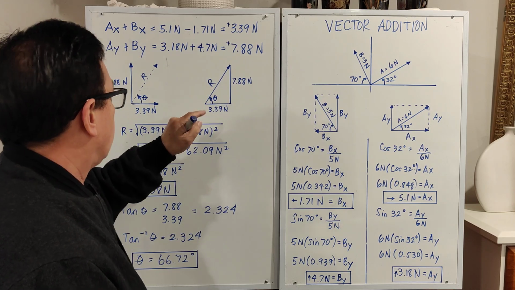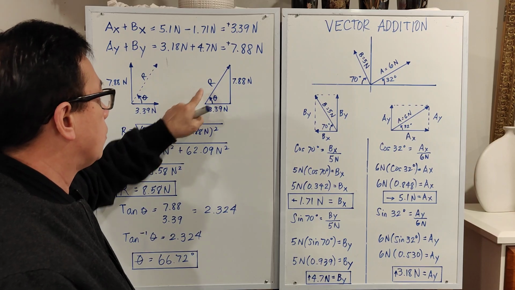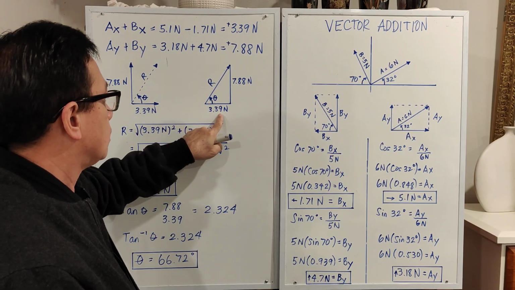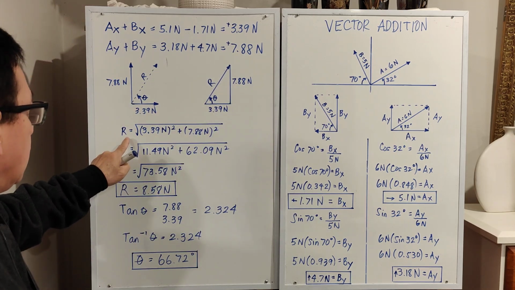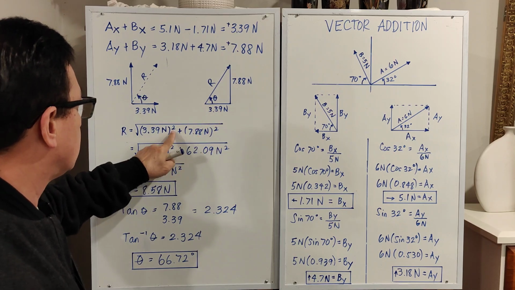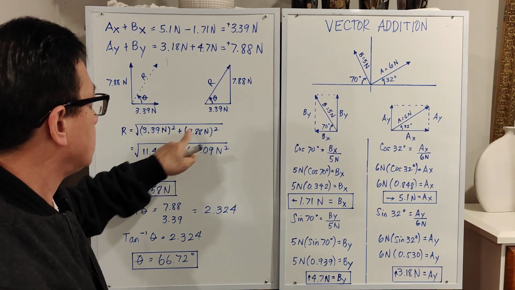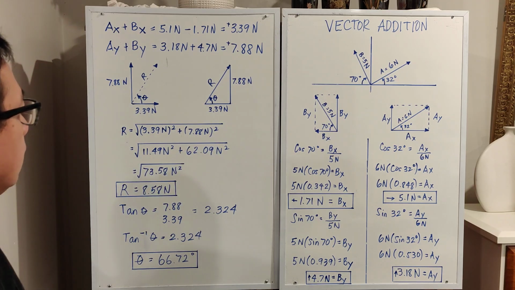To get R, we need the square root of this one squared plus this one squared. So we get the square root of 3.39 newtons squared plus 7.88 newtons, the quantity squared.